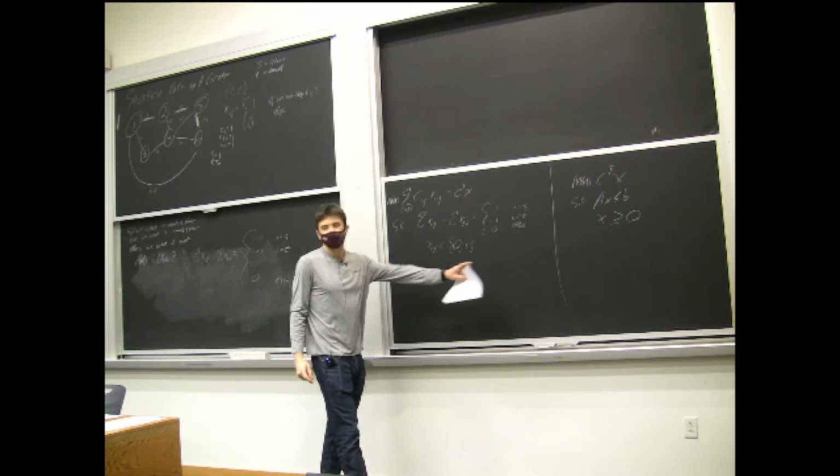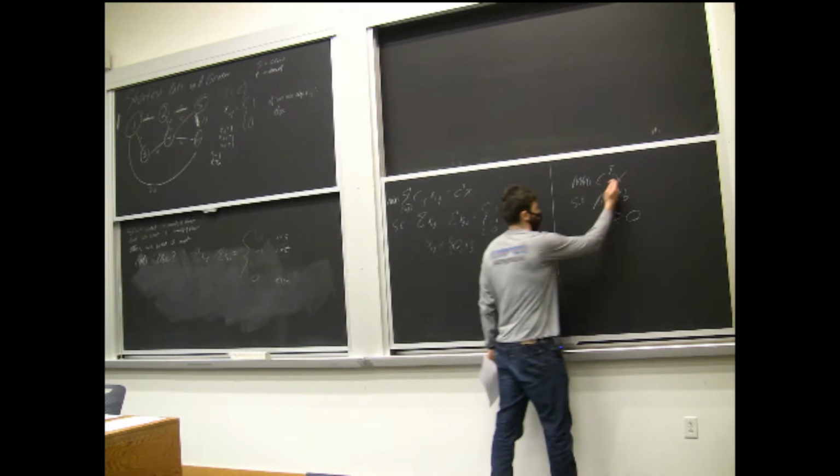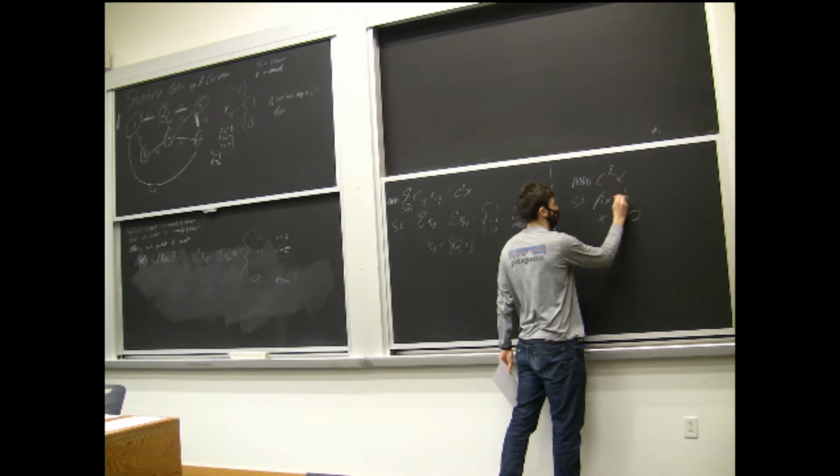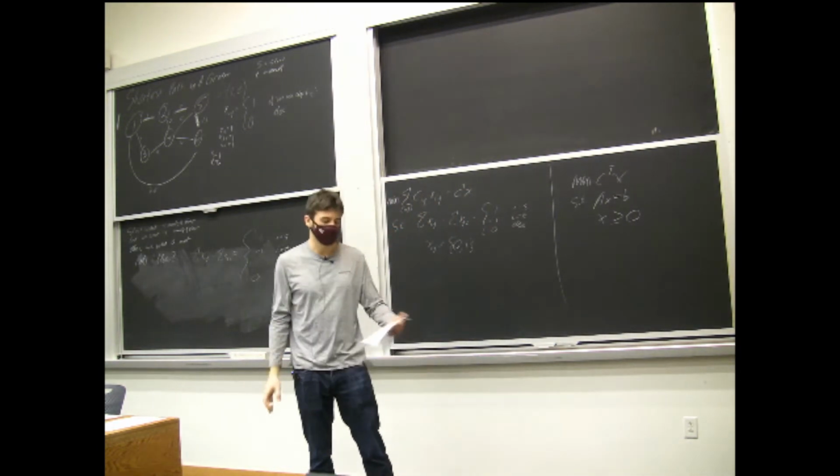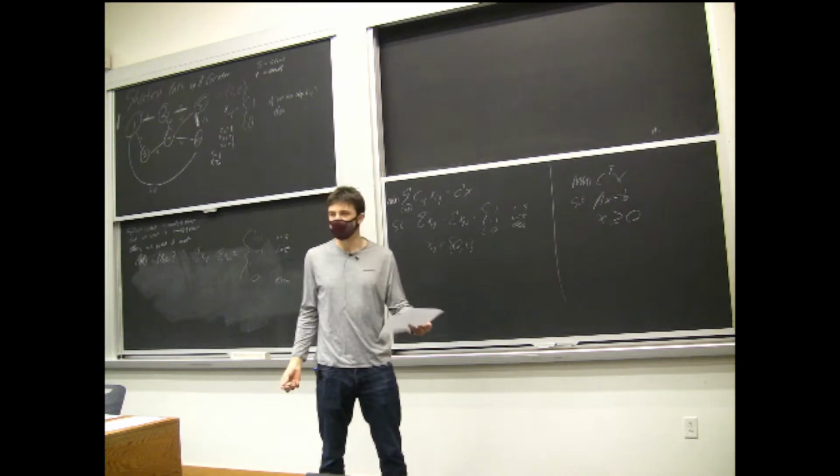So that's standard form number 1. Some people will write the standard form with an equal to instead of a less than or equal to. It's not too big of a deal.